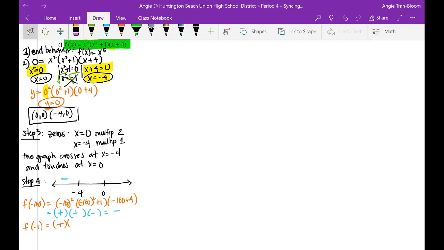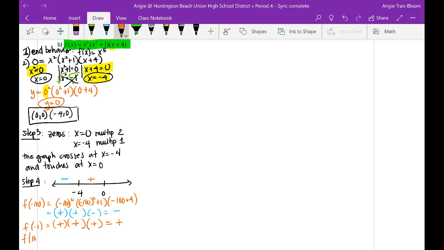I'm just interested in, hey, is it positive or negative, okay? -1 square is positive. Positive plus 1 is positive again. -1 plus 4, that's positive. You have 3 positives multiplying each other, you're going to get a positive. So what does that mean? It means that in between -4 and 0, the y value will be above the x-axis.